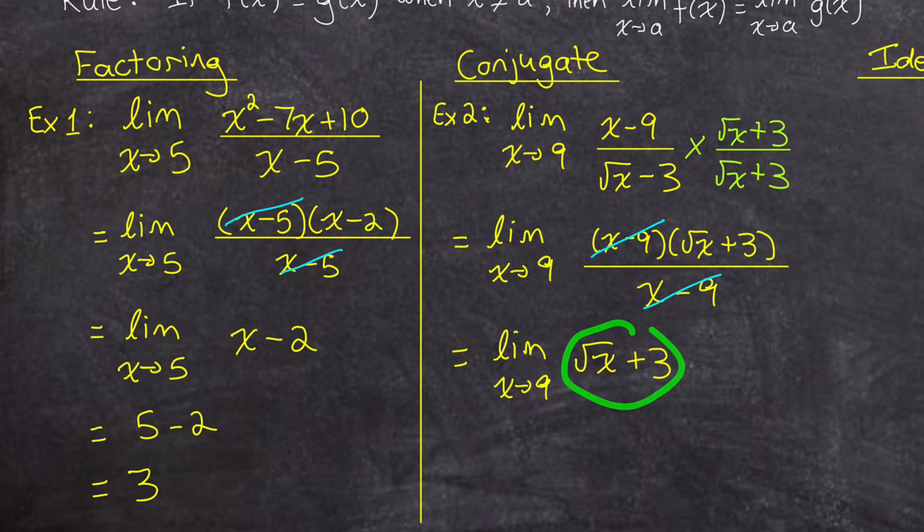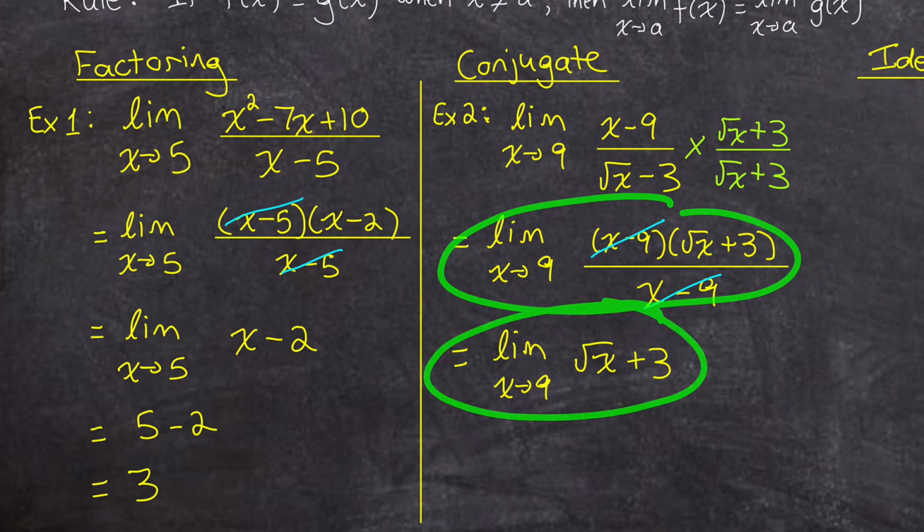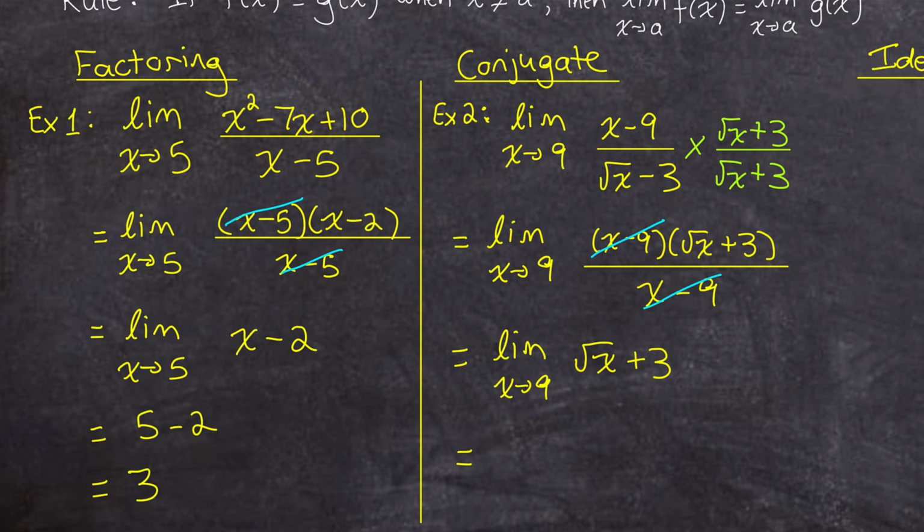Now this function is equal to this function for all x values except for the x value of 9. That's okay because we're finding the limit as x approaches 9, which means the limits of these functions are going to be equal to each other. So I can try direct substitution again by subbing this 9 in for x, and I get root 9 plus 3, which is 6.